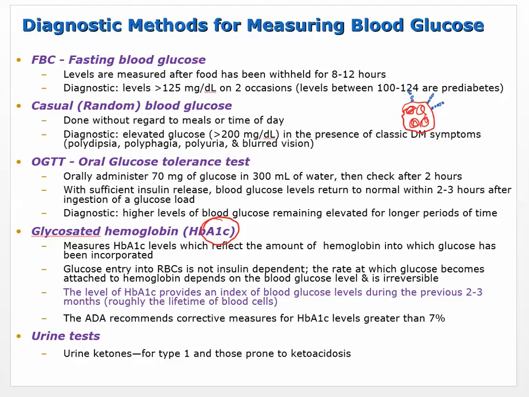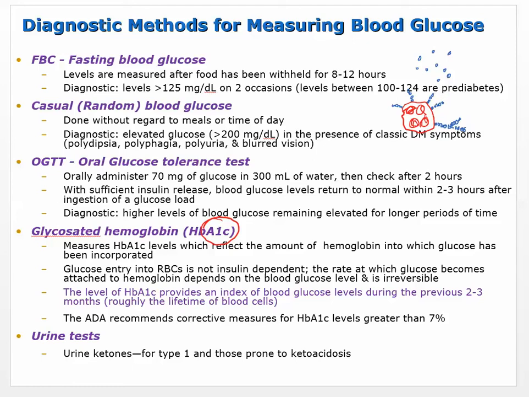It's going through your blood, you have glucose in your blood, and it can stick to the hemoglobin. We know how much glucose will stick to this hemoglobin over time, and it's correlated with how much glucose is in the blood.